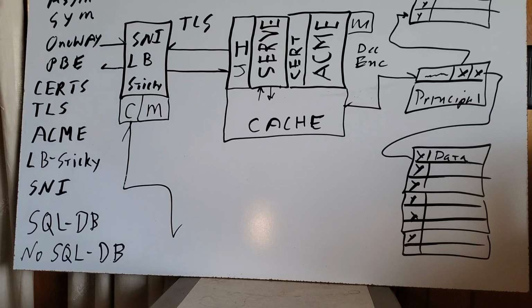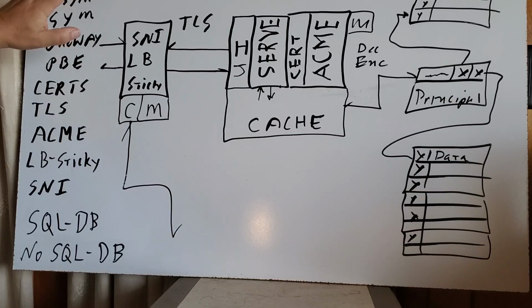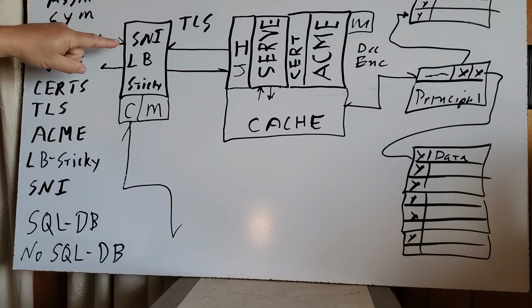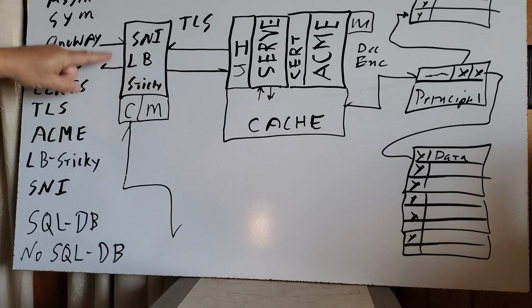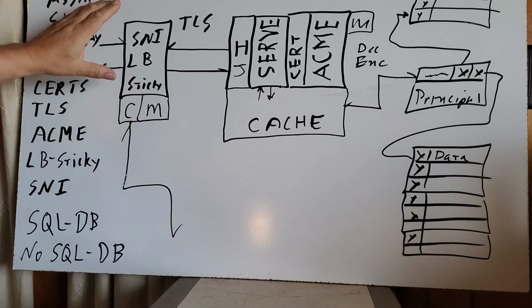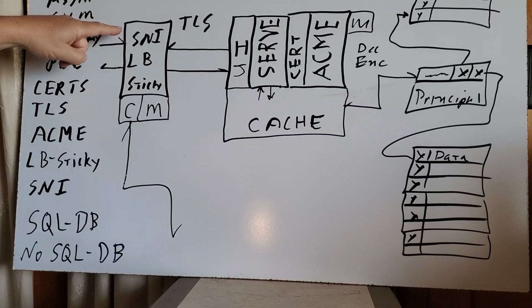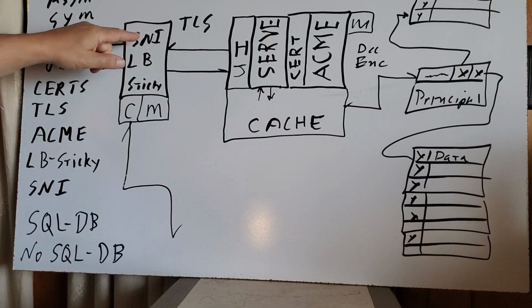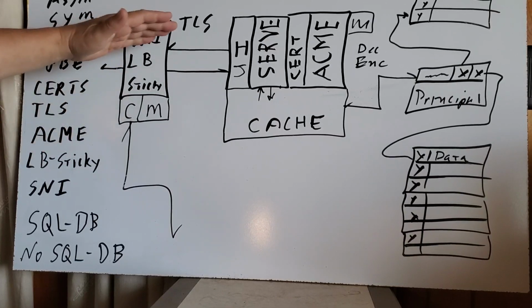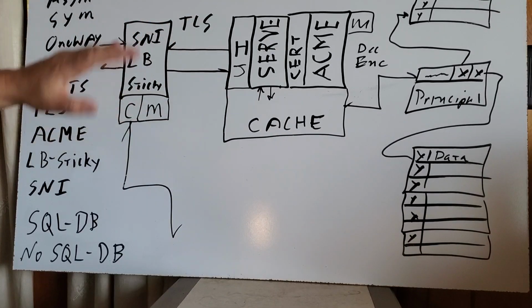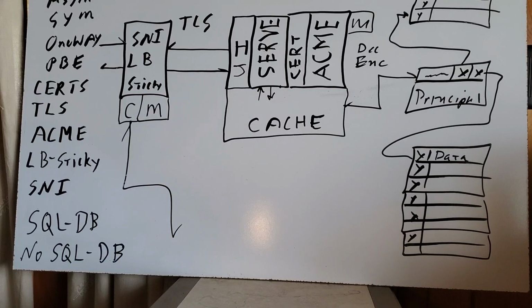So some advancements I've made since the last time I made such an update are: I have basically an API proxy, what it's called, but it's also a load balancer, and it will parse the TLS data that comes in just to get the server name indicator, so as to know which server to send it to. So I can have multiple sites with this reference code that I'm developing.